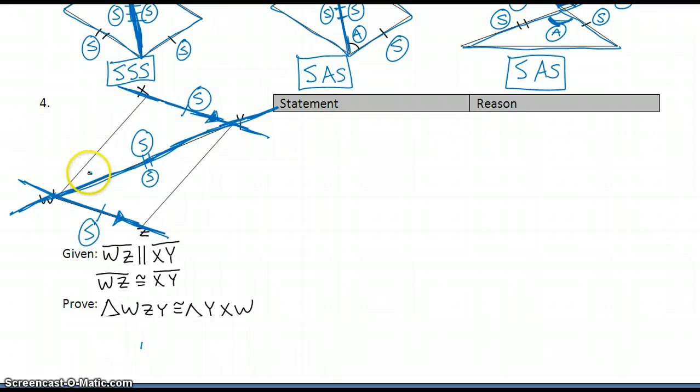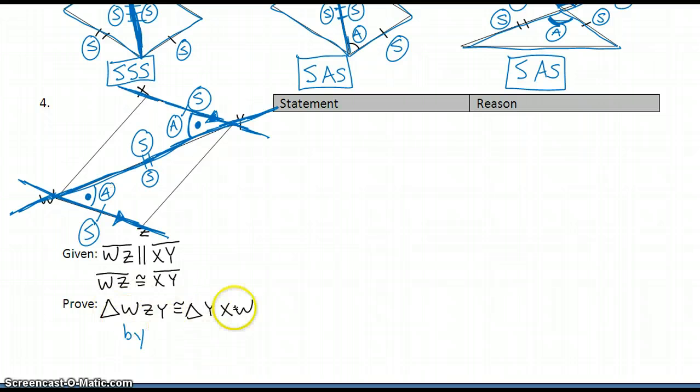And if we look at this angle and this angle, these two angles are alternate interior angles, but they're alternate interior angles between XW and YZ. Instead, we need to look at these two angles. These two angles are alternate interior angles between XY and WZ, which means that they have to be congruent to each other.